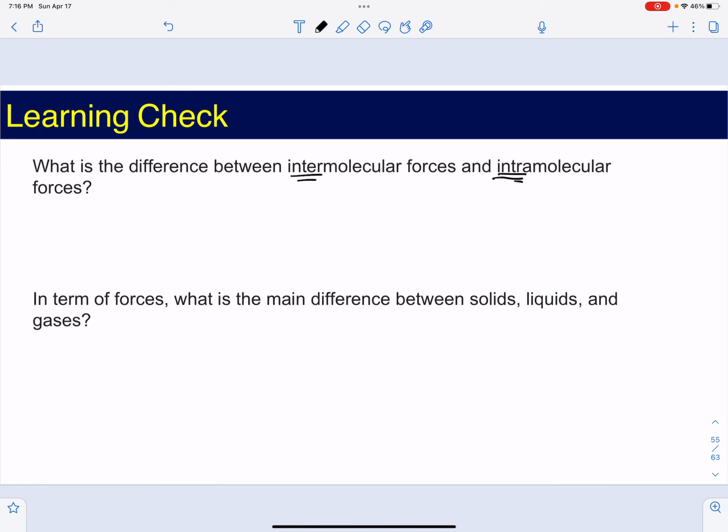For example, if I have water, which we already know is a polar molecule, partially negative, partially positive, the forces keeping the atoms together within the molecules, those are my intramolecular forces.